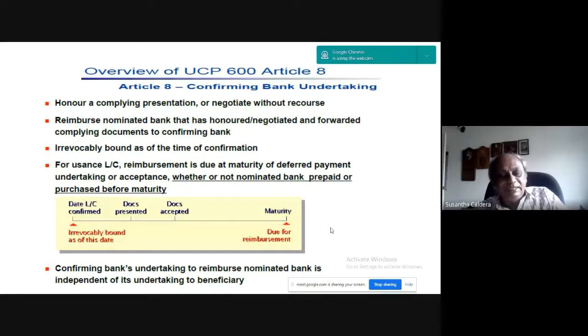When you open LCs and send them to other countries, the advising banks ask to confirm the LC, and they are charging a lot of money because our credit rating has come down. It is more risky to make payments with them.